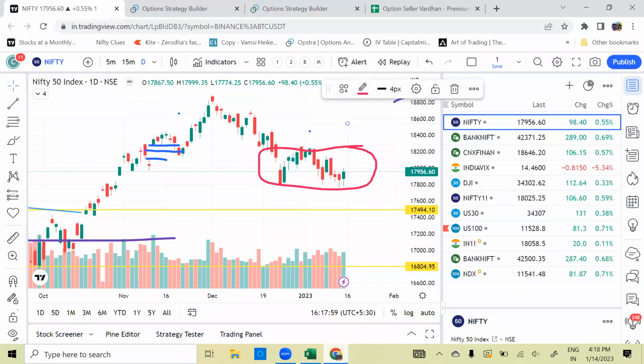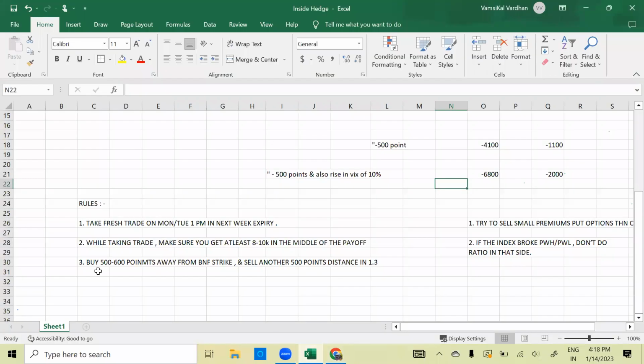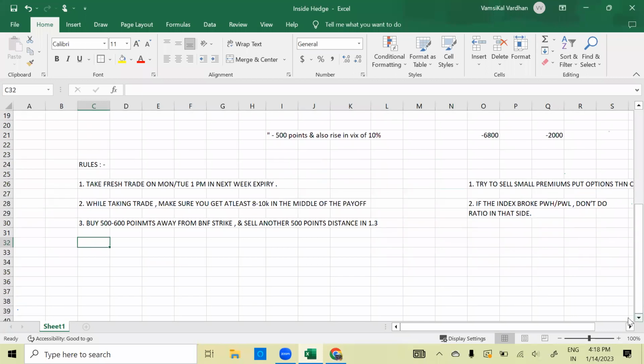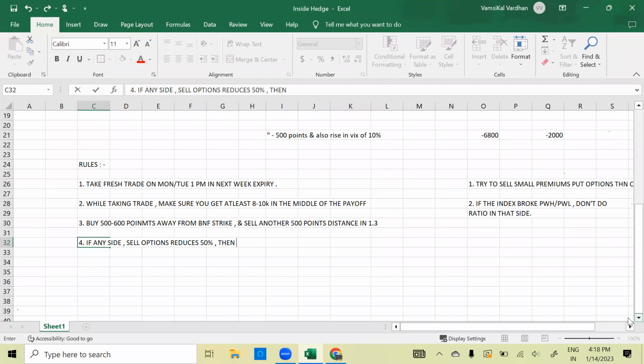So now after taking a trade, let's say I have taken the trade already. Now what is the adjustment? Adjustment here is very simple. Max one adjustment only we will do here, nothing much.